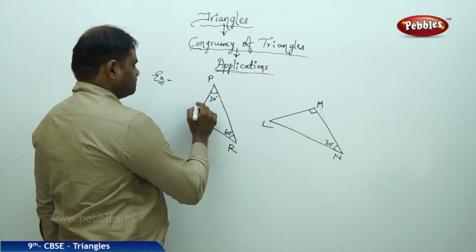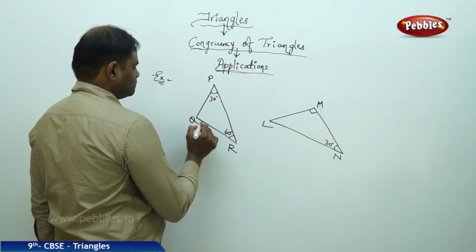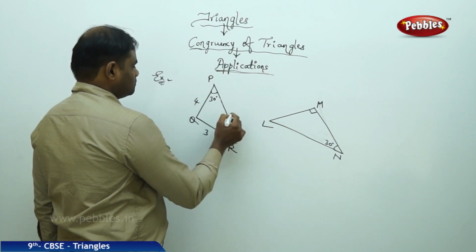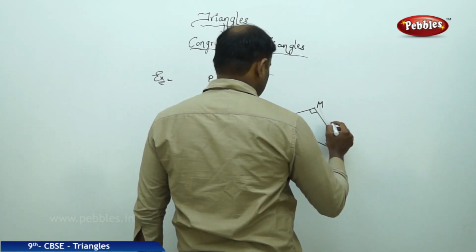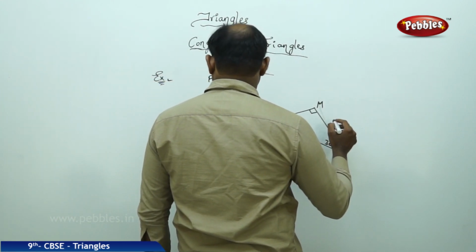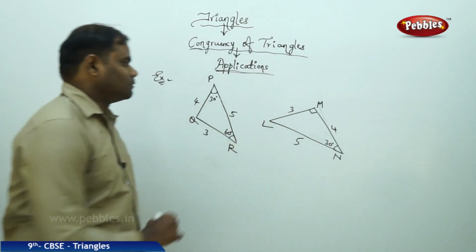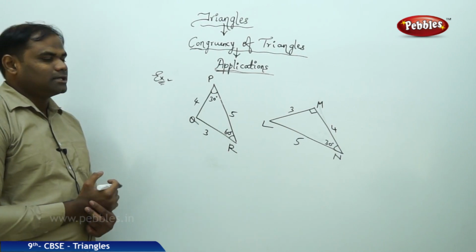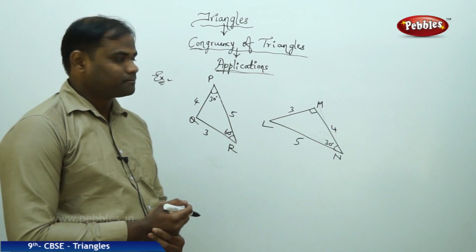So let's see if the two triangles PQR and LMN are congruent.